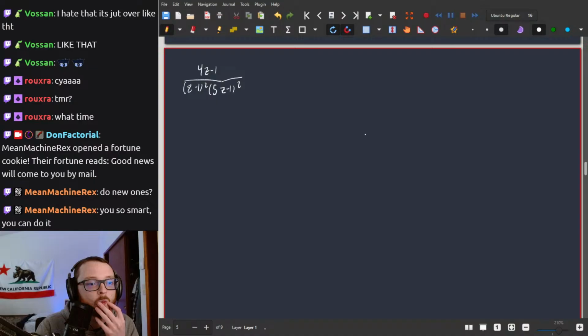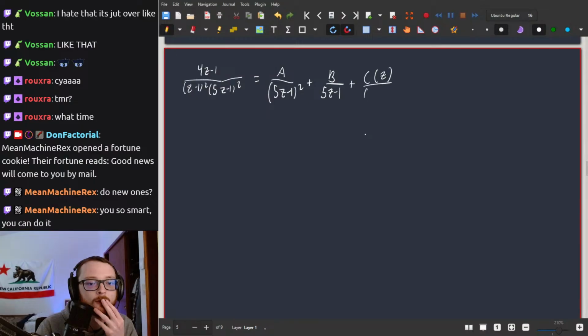So what I really want is to split this fraction up into something like a over 5z minus 1 squared plus b over 5z minus 1 plus some function of z over z minus 1 squared.